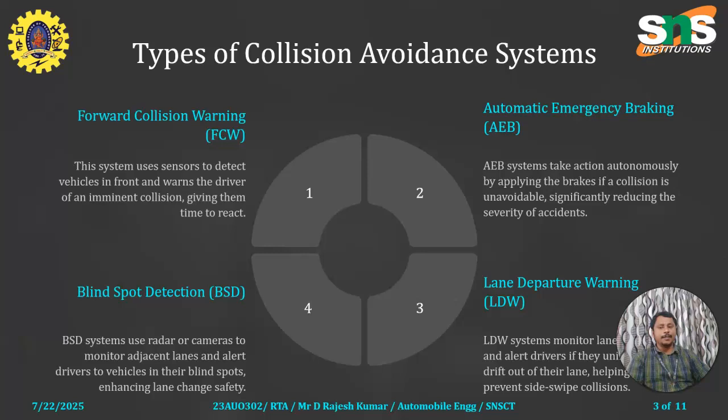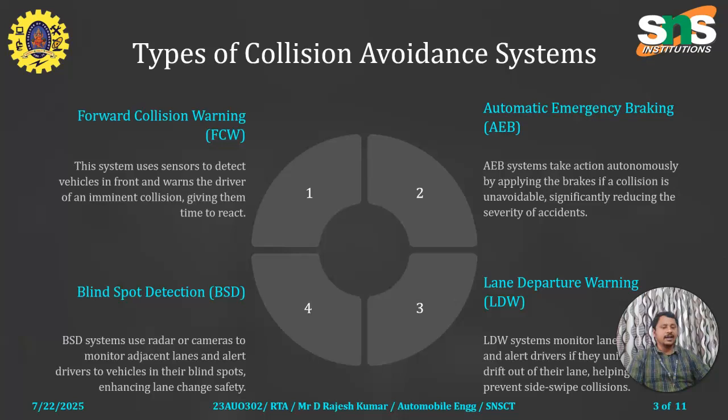The next is BSD, that is blind spot detection. Here the blind spot detection uses a combination of radar and camera to detect the vehicles which are at the rear end of the vehicle. So the obstacles are detected and it indicates to the driver that there is an obstacle. The next is lane departure warning.